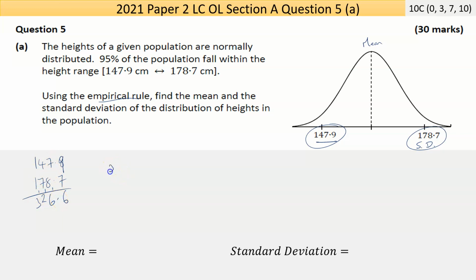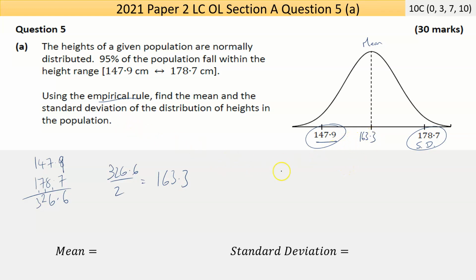Now I'm going to get the average of that, so 326.6 divided by 2 is 163.3. My bad, I'm trying to do maths in my head. I should use a calculator. Okay, so that's the mean, 163.3.